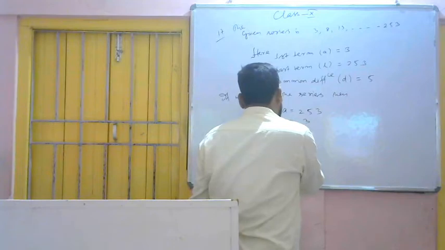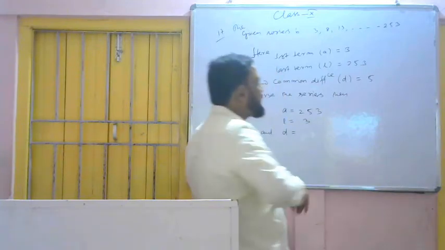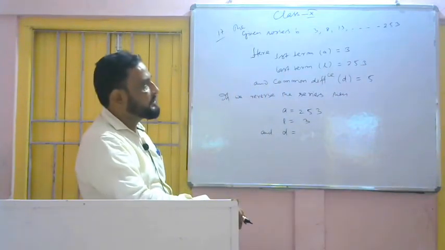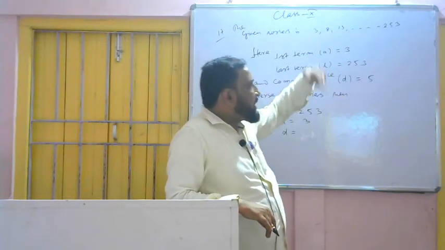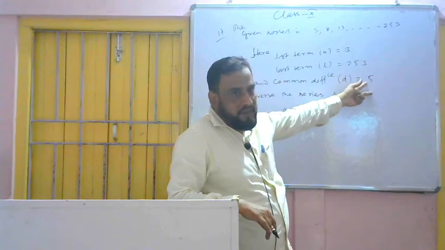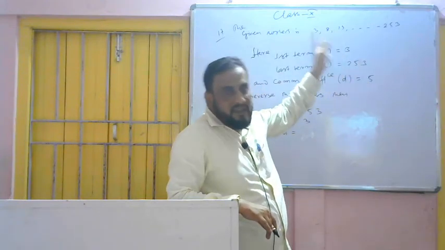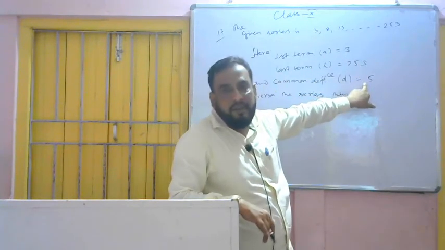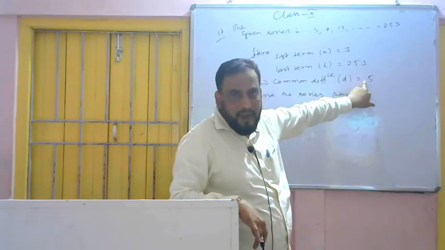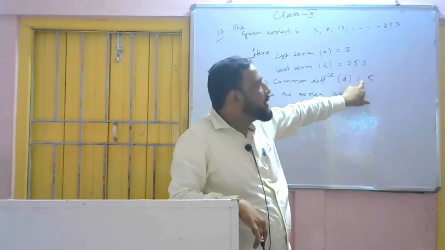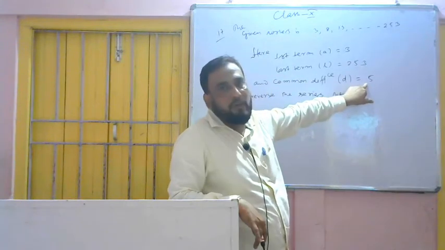And D will become what? Whatever the D is for the given series, if we reverse the series, the D will be the additive inverse. Mind it, here D was plus 5. So if we reverse the series, then it will become minus 5.